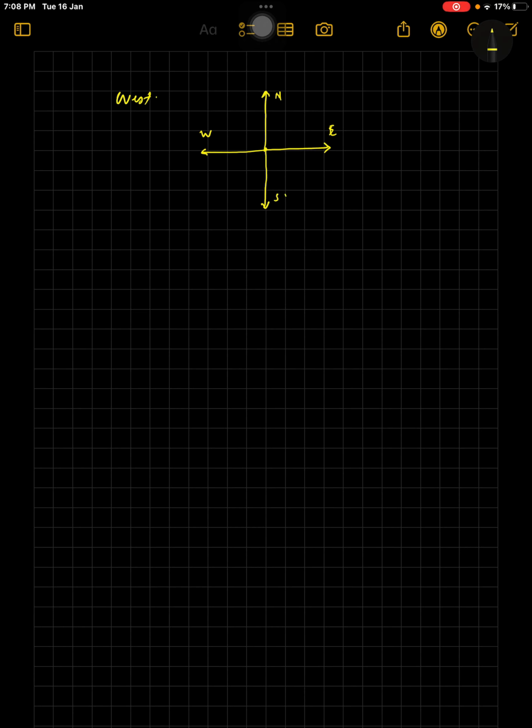So when talking about the west direction, the bearing will go in the clockwise sense all the way around down till here.